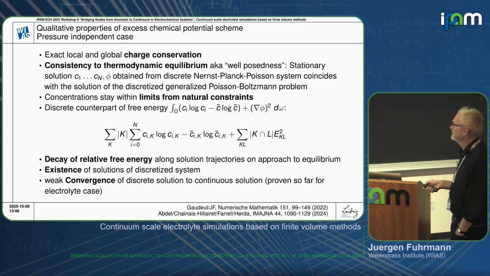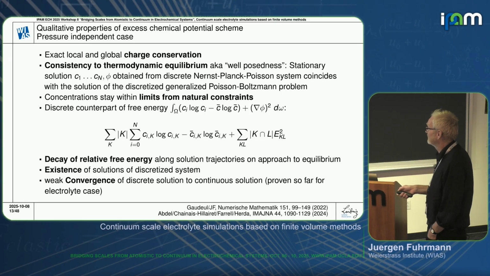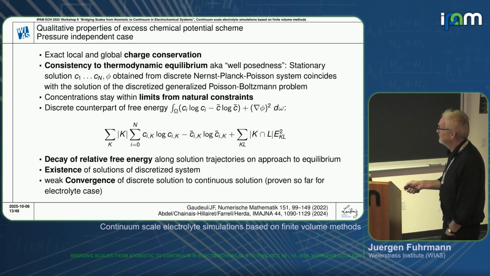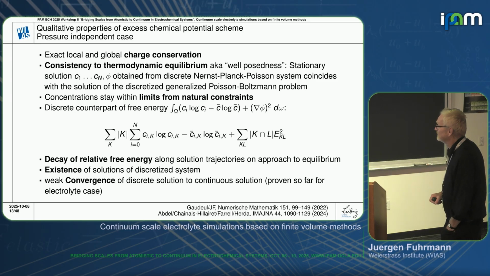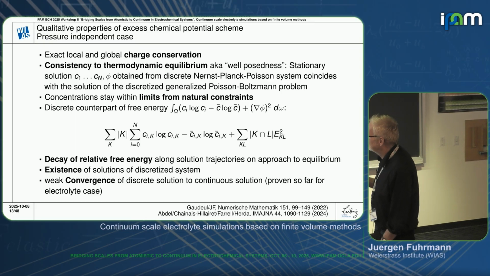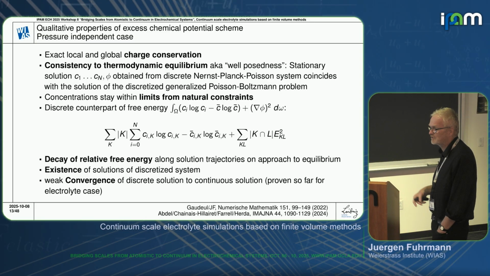Then we can also show that the concentrations stay within the limits of natural constraints. We can find the counterpart of the free energy on the discrete level and the discrete dissipation rate, which tells us that we have a decay of the relative free energy along the solution trajectories, like in the continuous case.